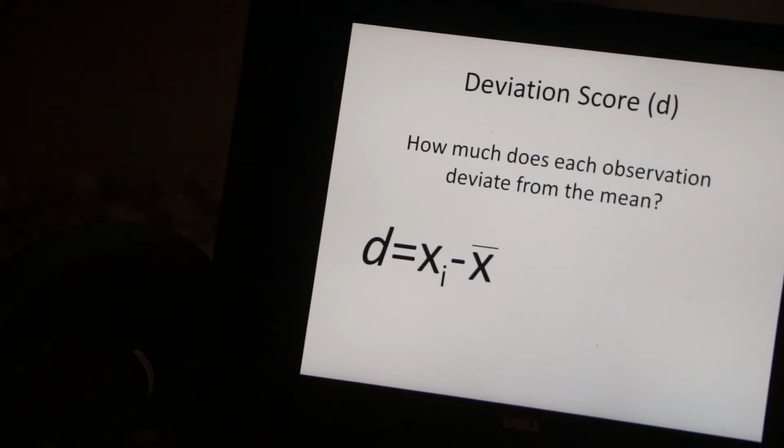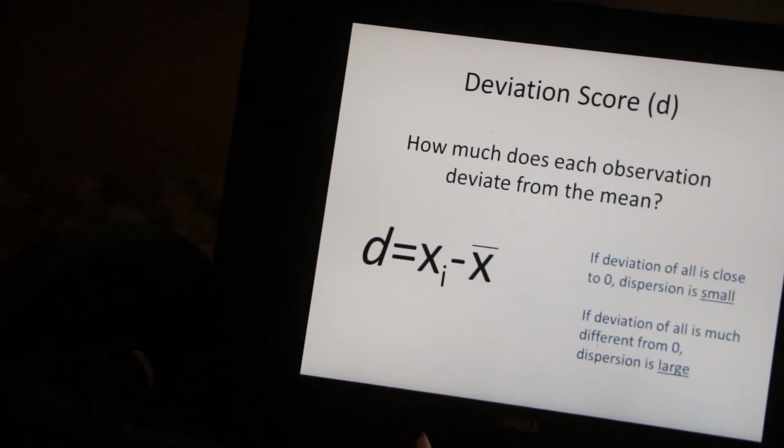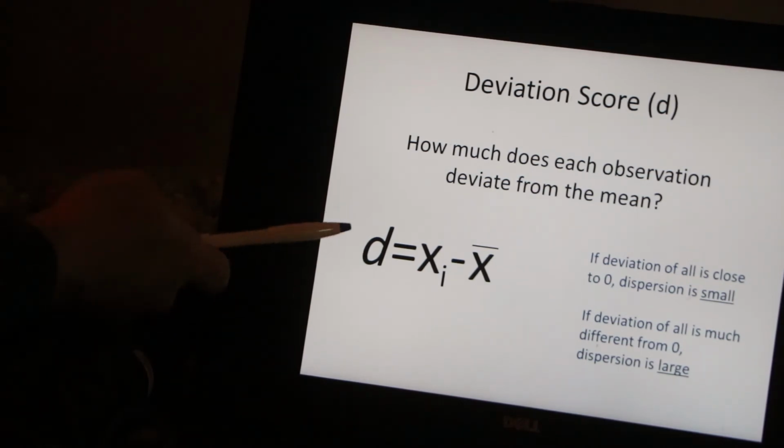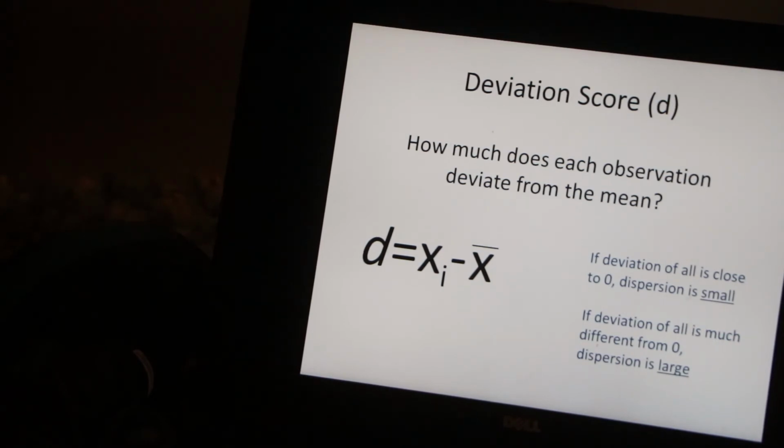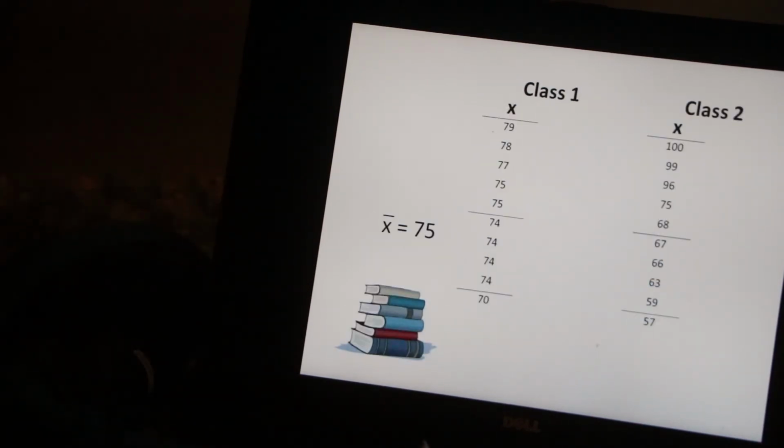We can subtract the mean from each one to give us a sense of what that deviation is. Obviously if D is small, close to 0, it means the deviation was small, the dispersion was small. If it's far from 0, in either the negative or the positive direction, we know that score was really far from the mean.